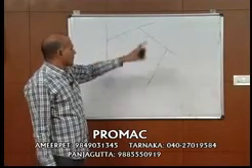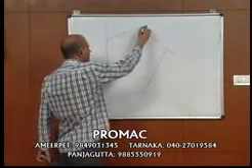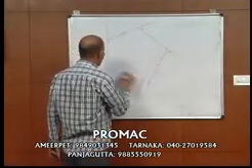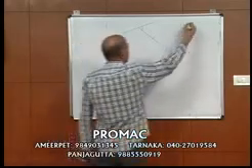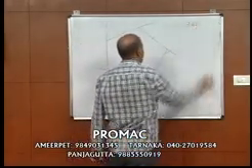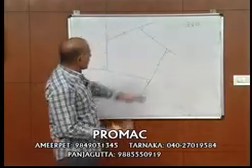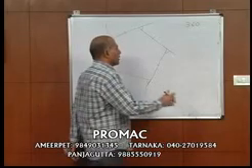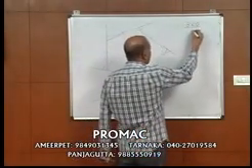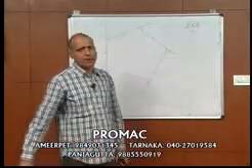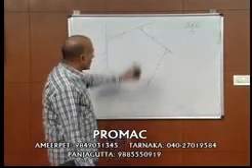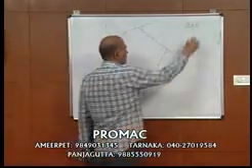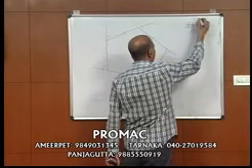Now, what is the sum of outer angles? Sum of outer angles is 360. How many outer angles do I have? 1, 2, 3, 4, 5. Because it is a regular pentagon, each outer angle will be equal. So what is each outer angle? Each outer angle is 72 degrees.